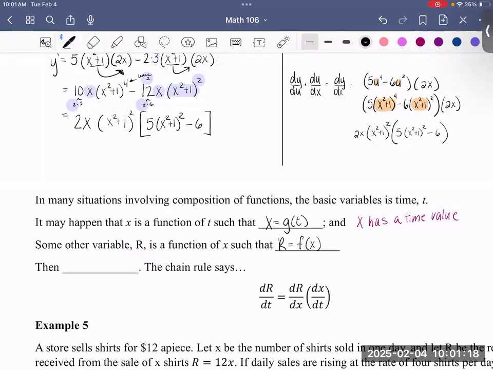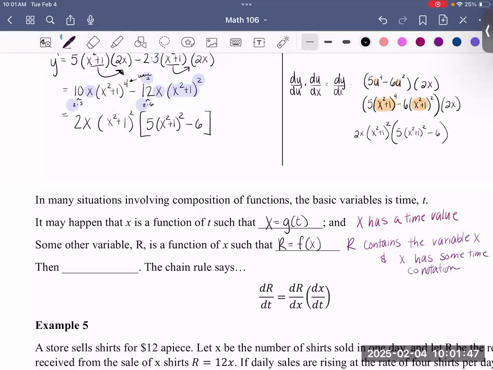So r contains the variable x, and x has some time connotation. Hopefully that's how you spell connotation.